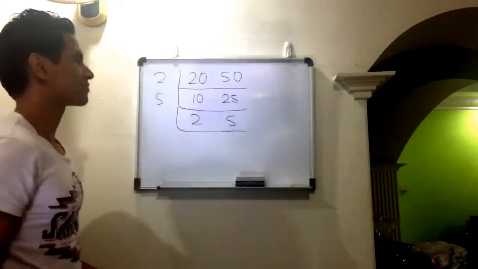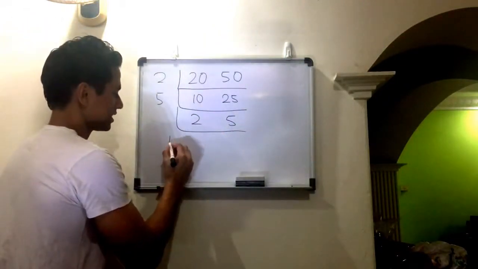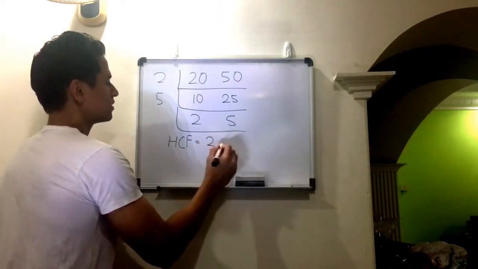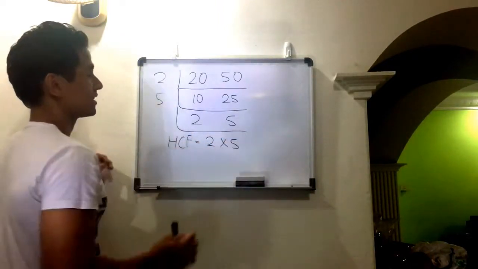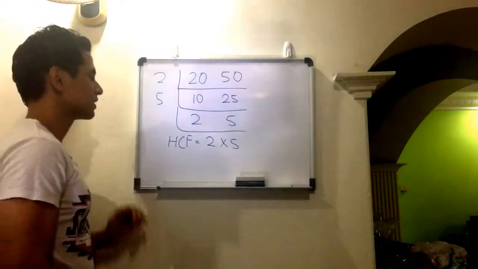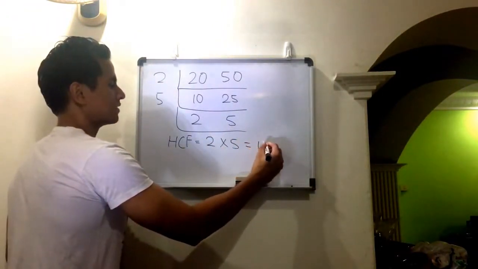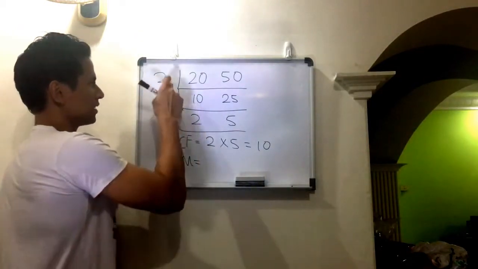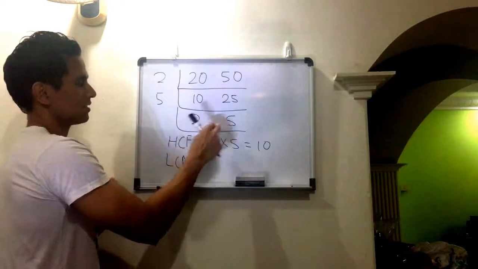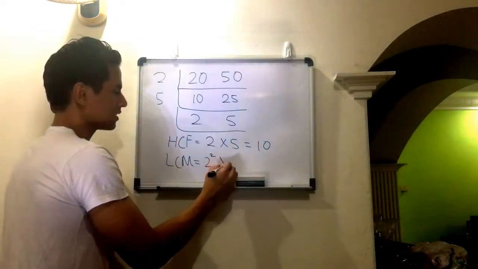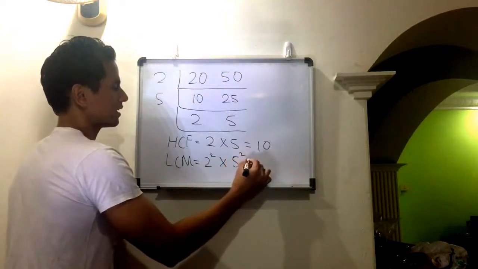What do I mean? So therefore, HCF is 2 times 5, these two. So this is just going to give us 10. And the LCM will be this, multiplied by this, and this, and this. So this is going to be 2 squared times 5 squared, and gives us 100.